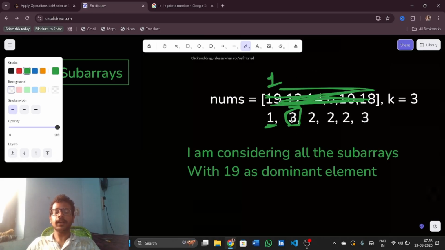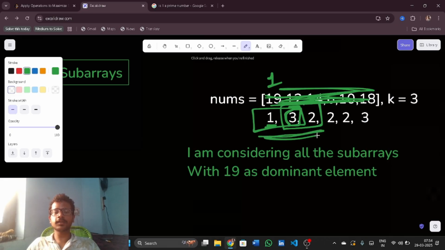Now can I consider this? Yes, absolutely. Even then, if I consider this, 3 is the maximum number. This index would be getting the dominant element. Can I consider this subarray? Yes, absolutely. Even if I consider that, I would get 3 as the dominant element.